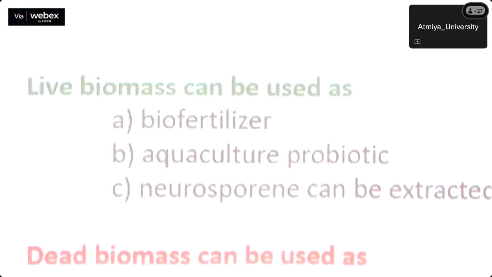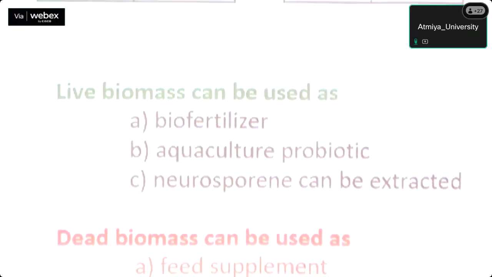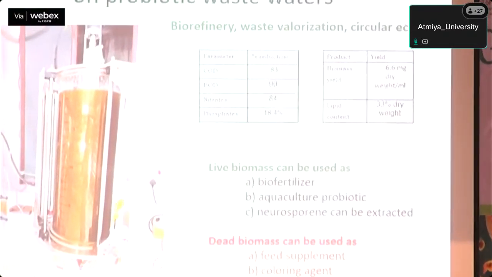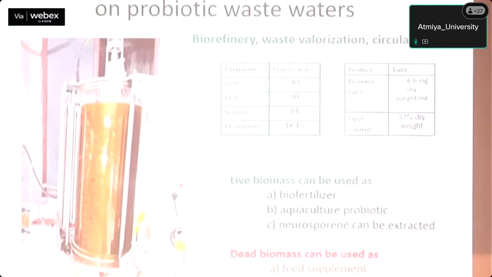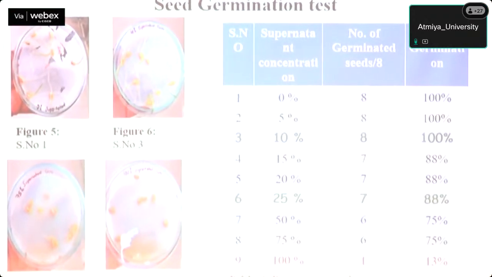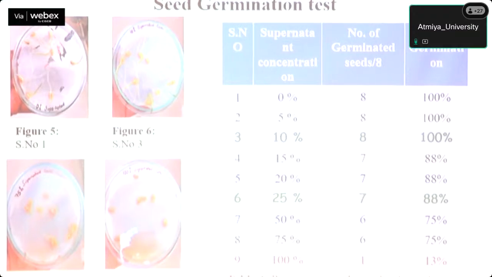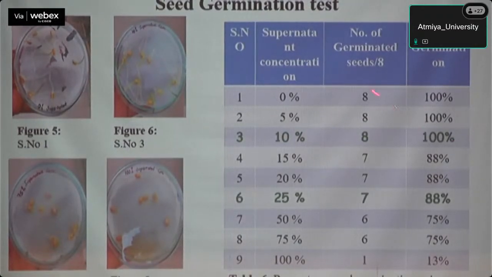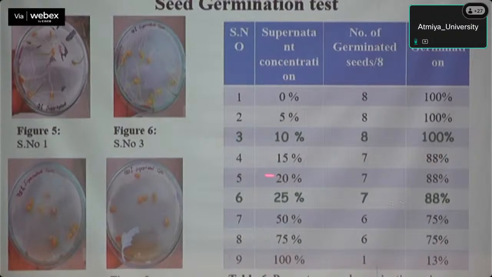But what happened to the supernatant that is produced? That is again a liquid waste. So if you can use that water for some purpose, it will be good. So we have done some simple germination experiments, and you can see that until 10%, there is no inhibition at all, and you can use it up to 25%.